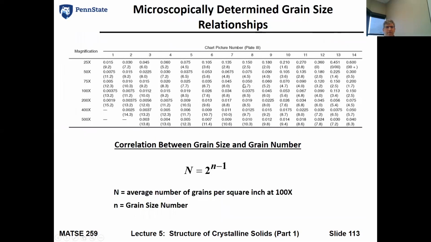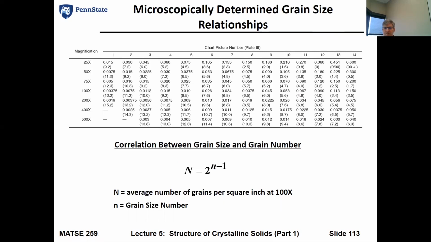Now, what we can see, though, is that you can correlate the grain size, usually measured through a linear intercept method, and a grain number. And we can use this equation here, capital N equals 2 to the lowercase n minus 1, where lowercase n is the grain size number, and capital N is the average number of grains per square inch.